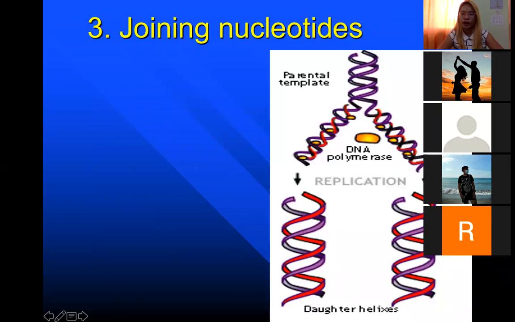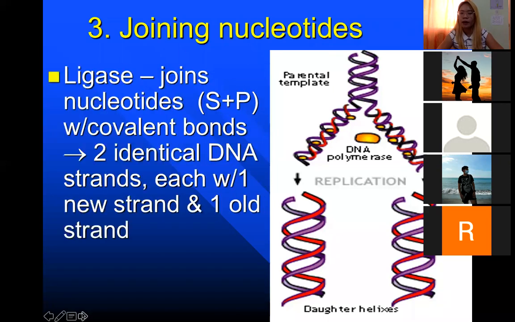Okay? So, and then of course, pagka nakakabit na yung nitrogenous bases dyan at okay na yung hydrogen bonds between them, syempre kailangan na rin mag-join nitong kanilang mga, anong tawag dito? Yung kanilang mga backbone. Tatandaan natin, doon sa step number 2, ang nadagdag lang ay yung nitrogenous bases.